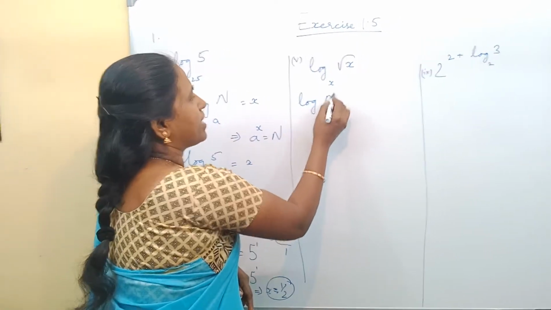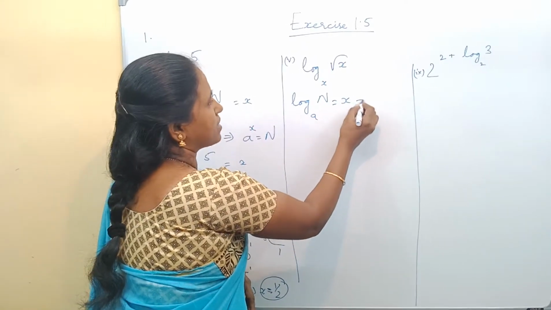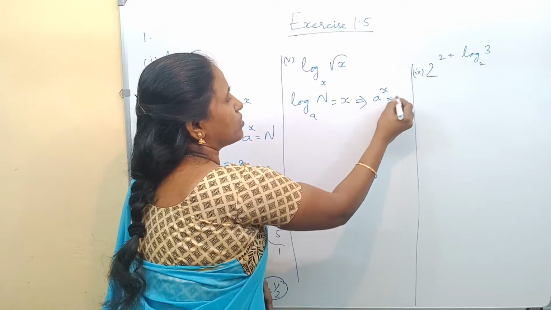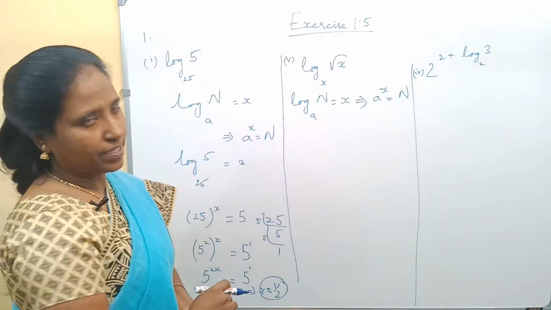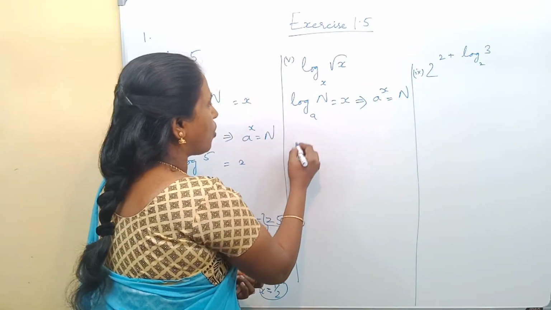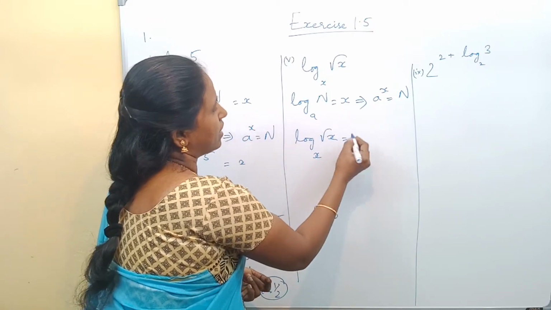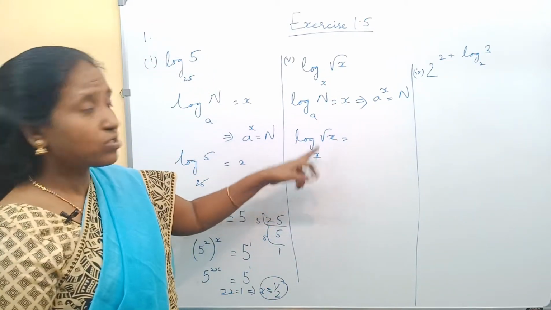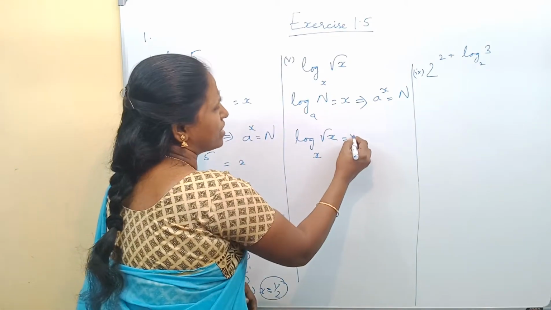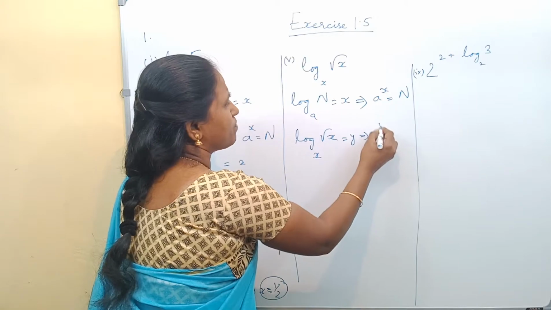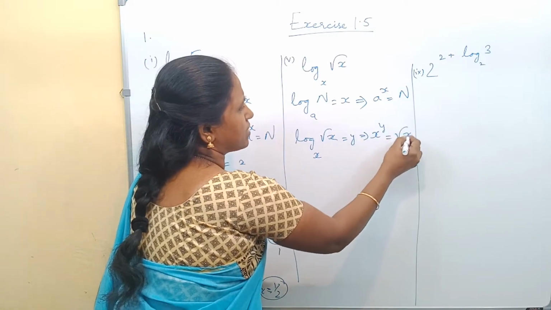Log n base a equal to x, which implies that a power x equal to n. Right? So here log root x base x equal to, now we are already using x, so to avoid confusion we can use any other variable y, which implies that x power y equal to root x.